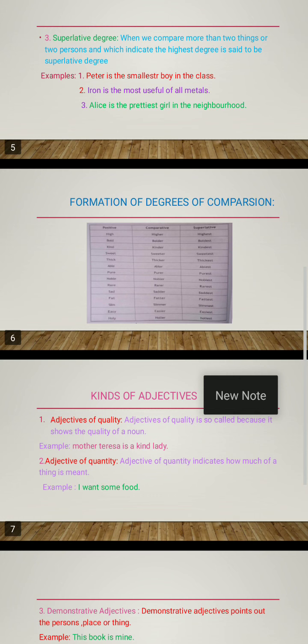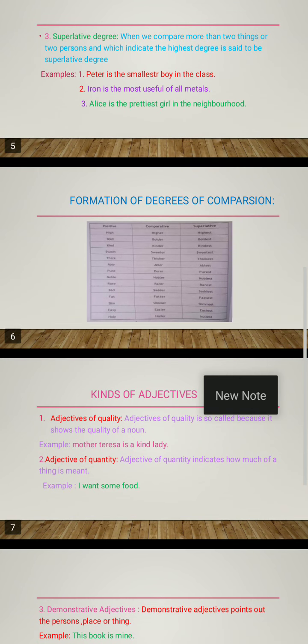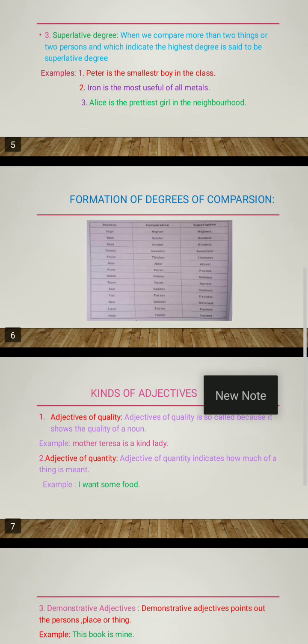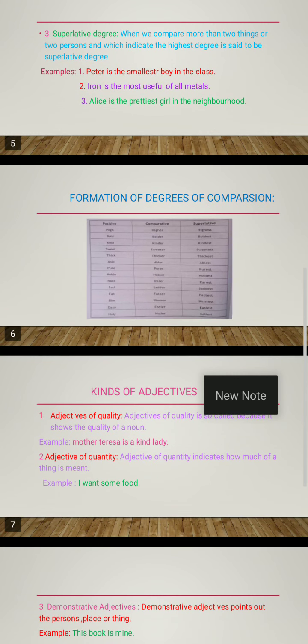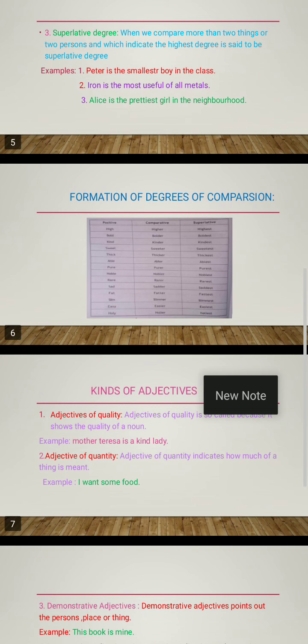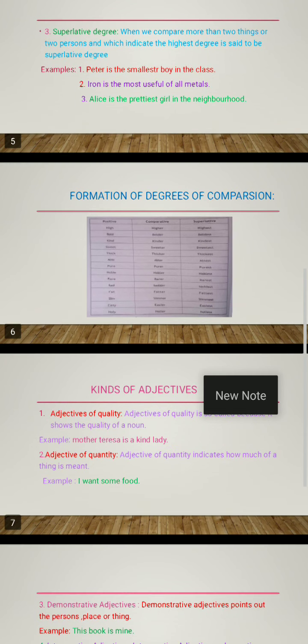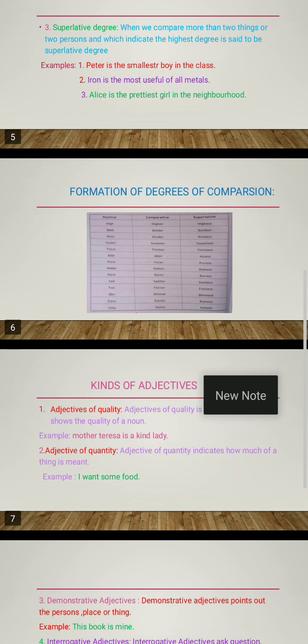Suppose you observe the second example: iron is the most useful of all metals. Here also, most useful is superlative degree.